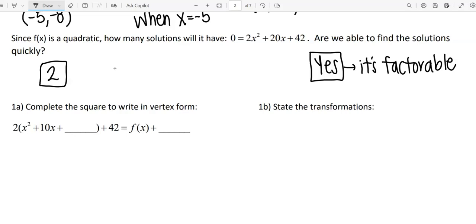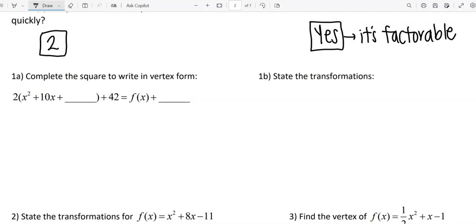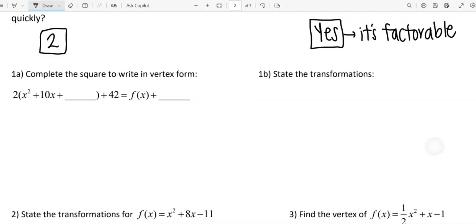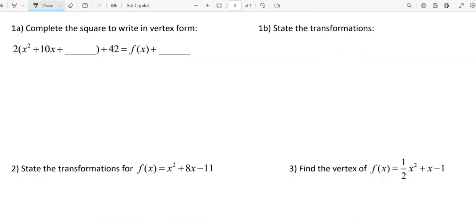Okay, let me be honest with you. I hate the way that 1A is set up. That does not jive with my brain. Whenever it says complete the square, sometimes it'll set it up like this to guide you. Same thing happens on your homework. I am one of those people that if I'm asked to complete the square, I will complete the square the same way every single time.